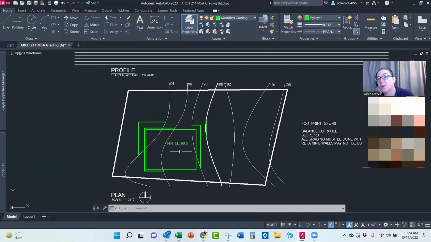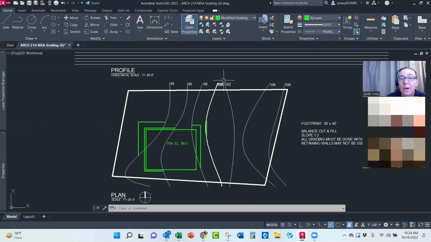So we know that it needs to go on the uphill side of our flat pad, and we're going to have to cut. And so we calculated the vertical distance between 96.5 and 98. That was 1.5 feet. That gave us how far away that contour line needed to be away from our flat pad. And so this is the needed modification for 98.